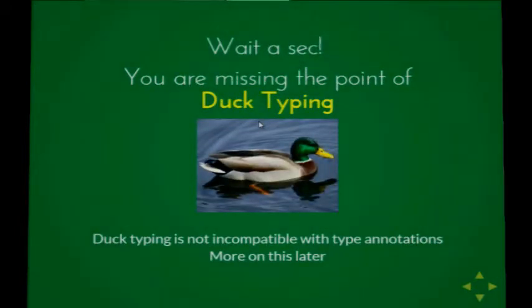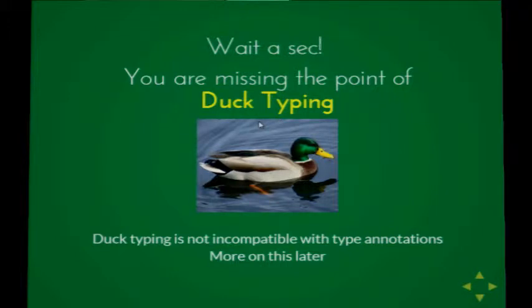So another thing I heard a lot is, okay, you're missing the point of duck typing. And duck typing is just using objects not for the type they are, but for what they can do. So we don't actually care about what type an object is.